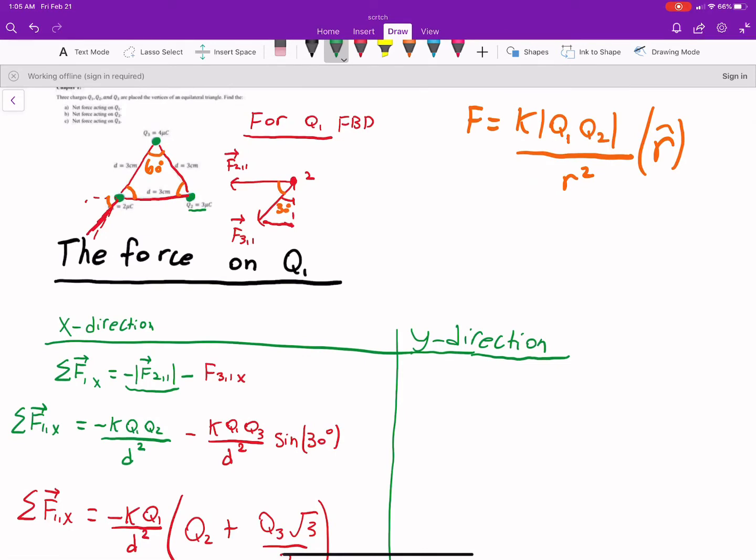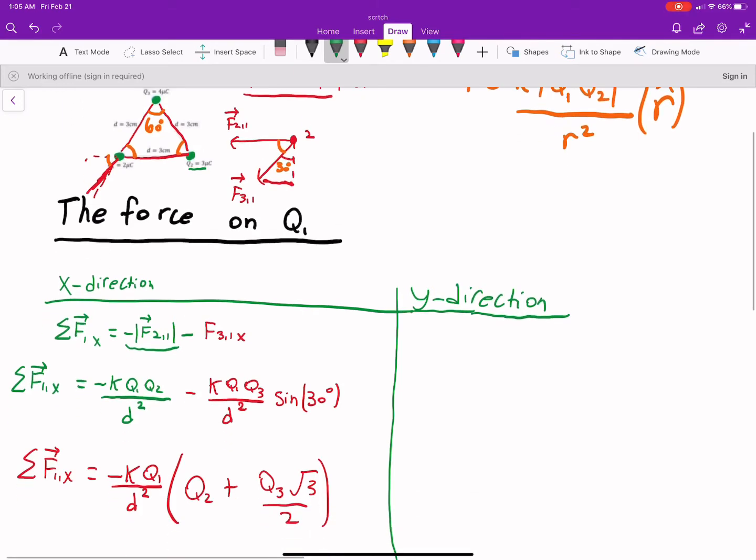Let me make sure I'm plugging this all in right in my calculator. Plus 4 times 10 to the negative 6 microcoulombs times the square root of 3, all divided by 2.